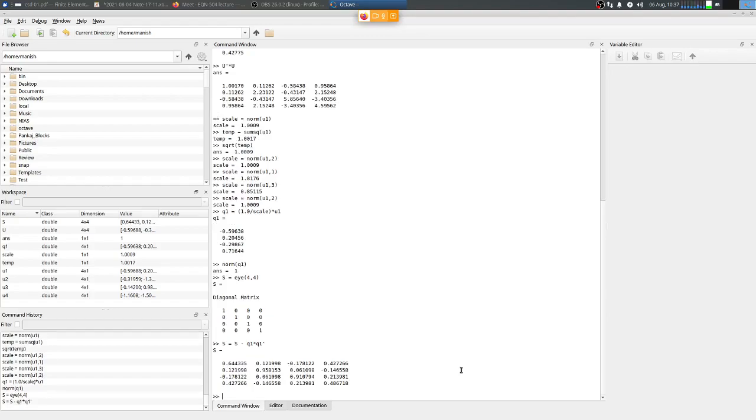So this is the new sweeping matrix. If I multiply this matrix with u2, I define q2 as S times u2.